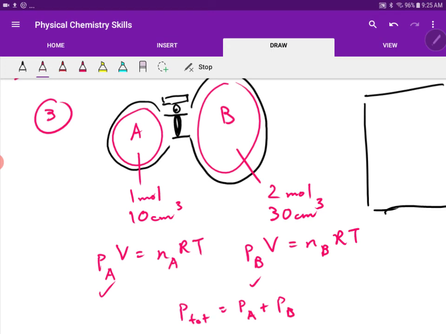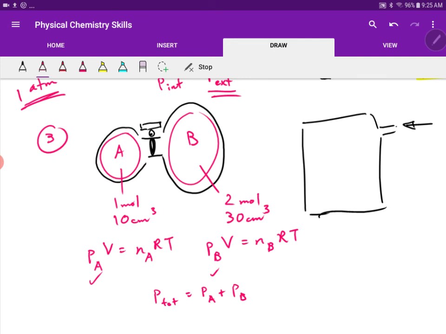Of course, there are many other ways to do that, but all you need to know is that when you open up the valve, both gases will occupy a greater volume. You can try out some numbers and you'll realize something very interesting about this case. So I will not elaborate any further. You can try it on your own.